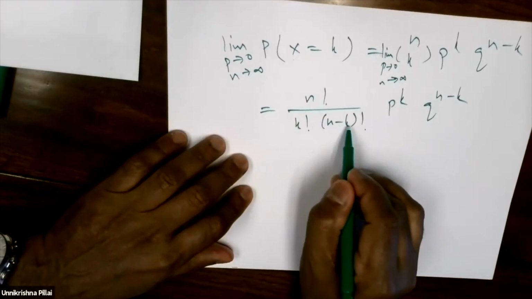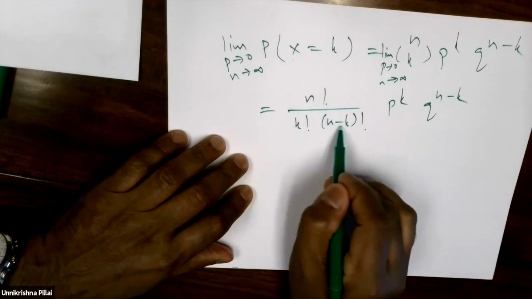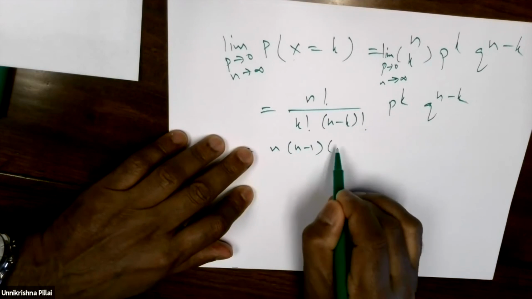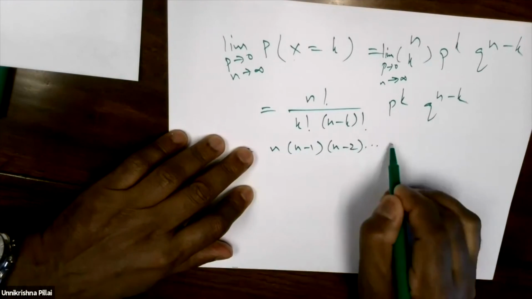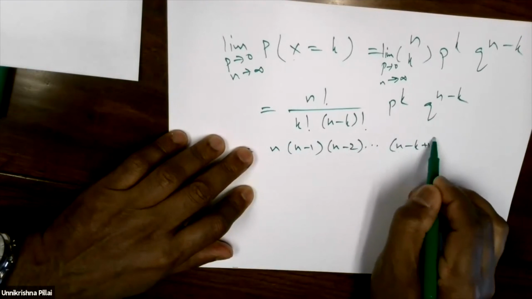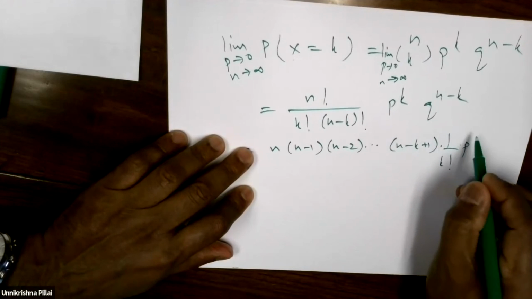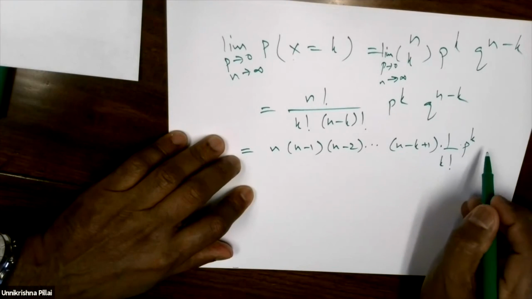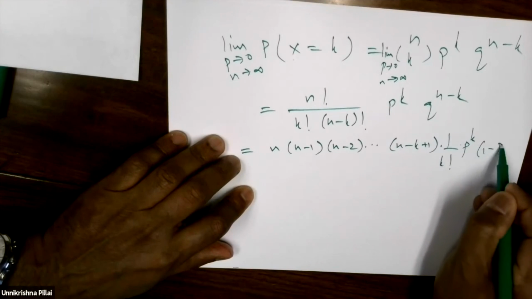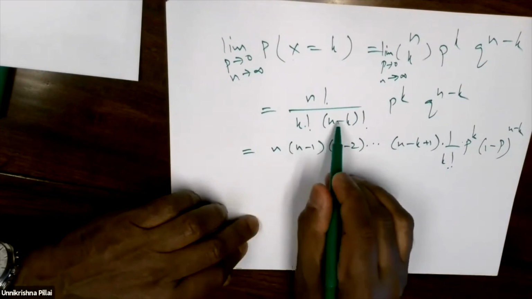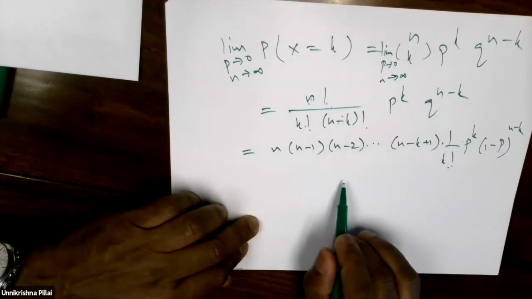I'm going to cancel n factorial and n minus k factorial. The k factorial stays here, and when I cancel with this, I get this term.